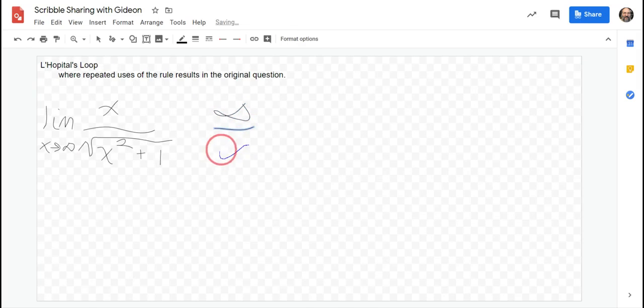So we get infinity over infinity. So it is indeterminate, right? That is the main point of L'Hopital's rule. You have to get an indeterminate in order to apply it. And remember, if you're going to apply it multiple times, you have to get an indeterminate before you can apply it again. So good, it is indeterminate.